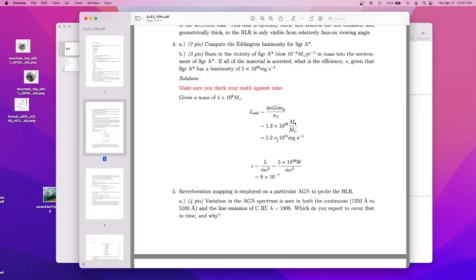So M of t is M1, let's call it M1 so that it doesn't look like a solar mass. That's your initial mass, which comes from the boundary condition, times e to the L Eddington over epsilon c squared, solar masses, times time. Or I could just call this M dot, but that's okay. So the growth should be exponential in time.